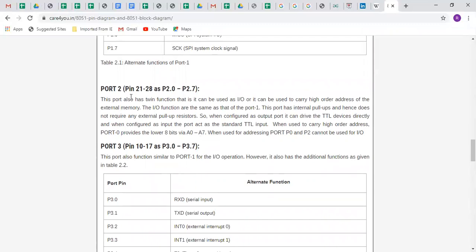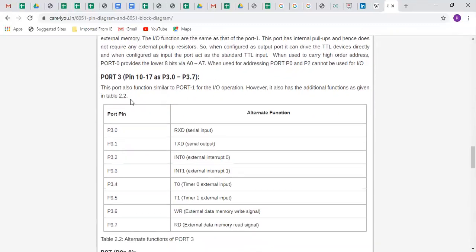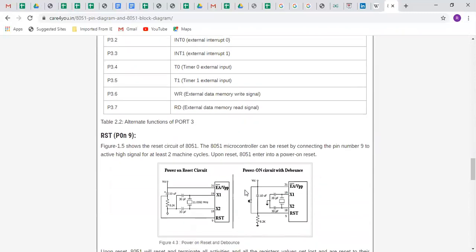Port 2 is similarly used to carry the address as well as the IO signals. Port 3, in addition to the IO, also carries RXD, TXD, INT0, INT1, T0, T1, the timers, and the read and the write signals.